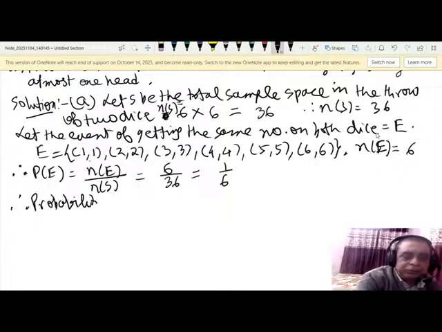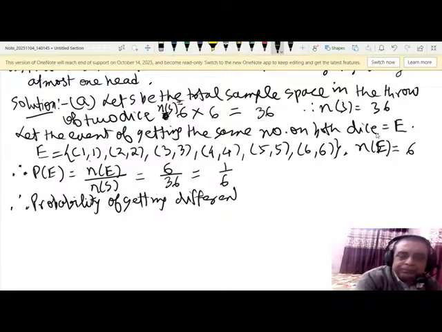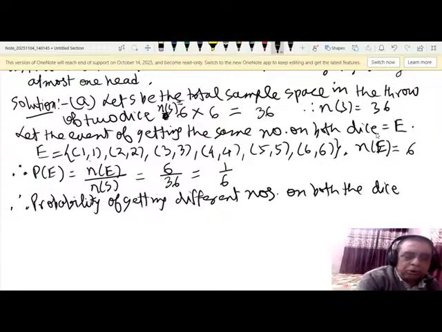So the probability of getting different numbers on both the dice, we call it E complement or not E. It is denoted by PE dash.